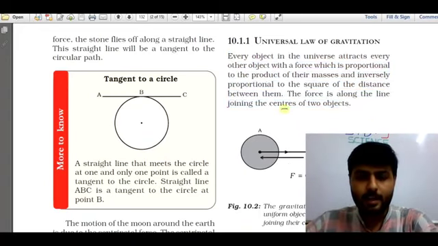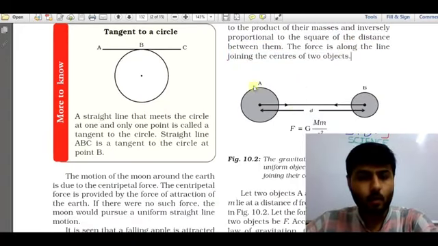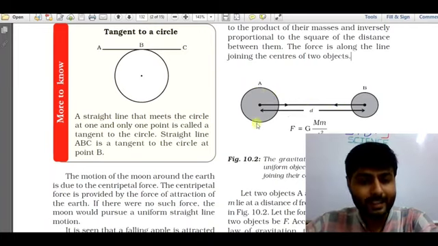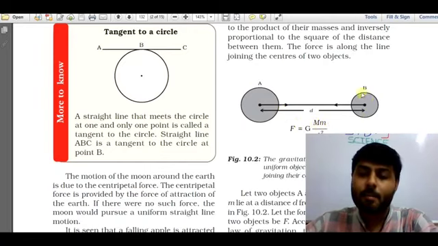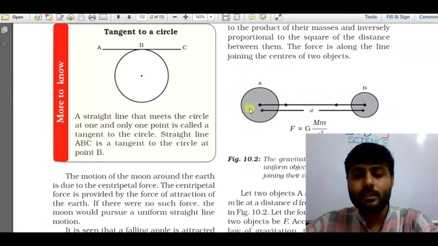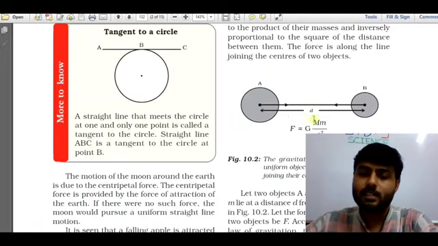For example, here we have two objects, let's say object 1 that is A and the second object is object B. The mass of object A is capital M and the mass of object B is small m. The distance between these two objects is d, as we can see here.